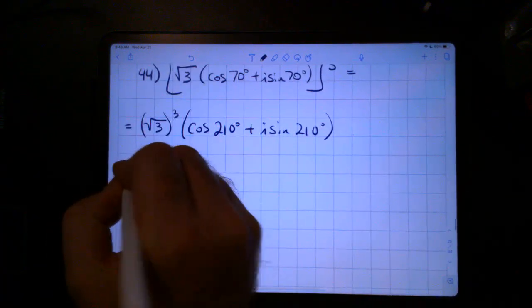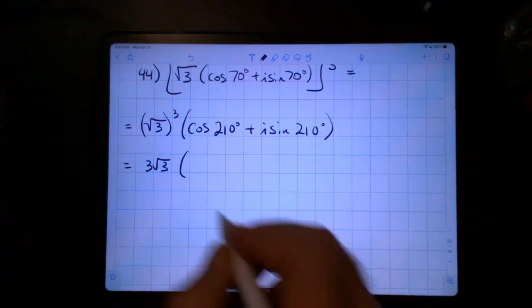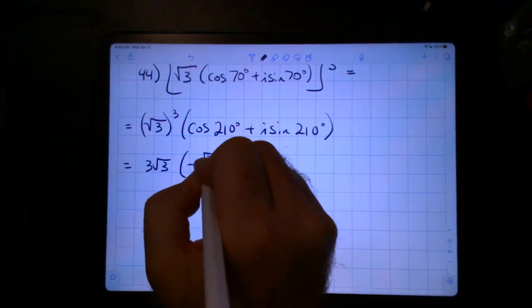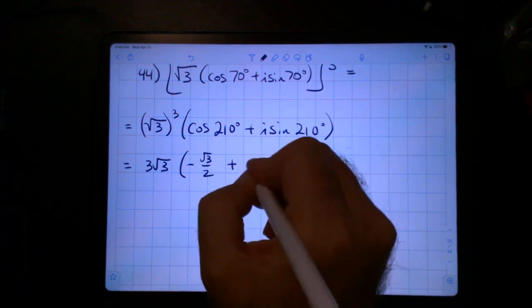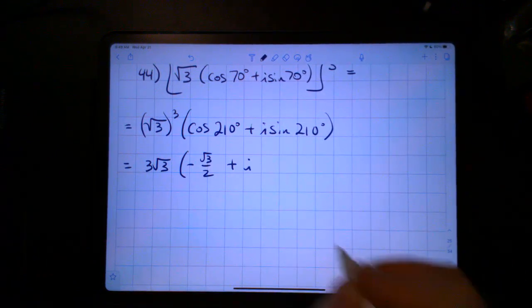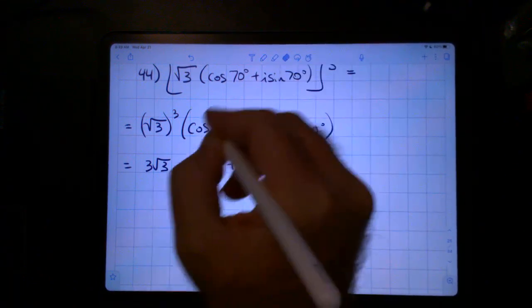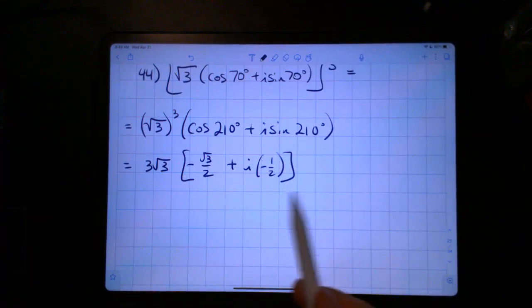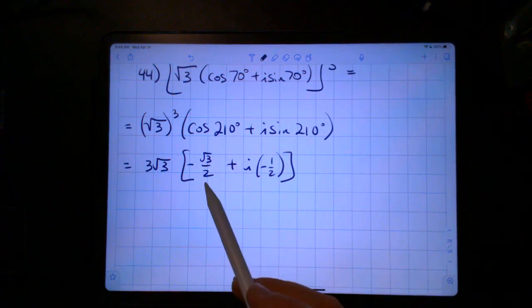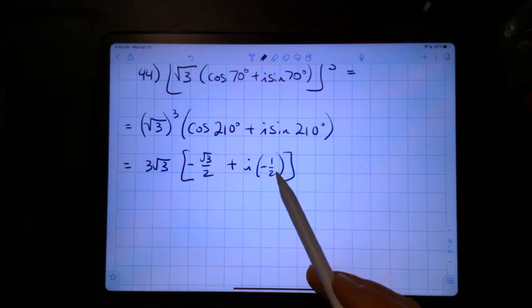Okay. Cosine of 210 is negative radical 3 over 2. Sine of 210 is negative 1/2.